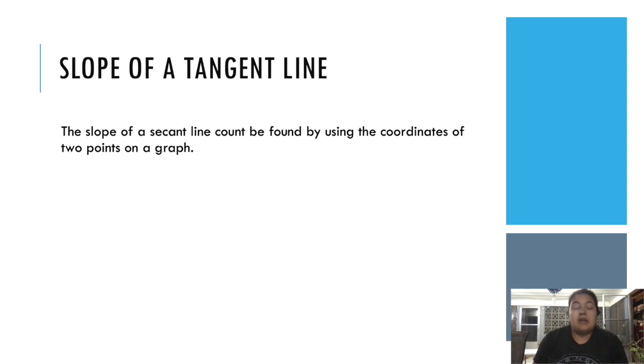If you remember, slope is represented by m, and we have 2 points on a graph. Usually we call that delta y over delta x, rise over run, y2 minus y1 over x2 minus x1.